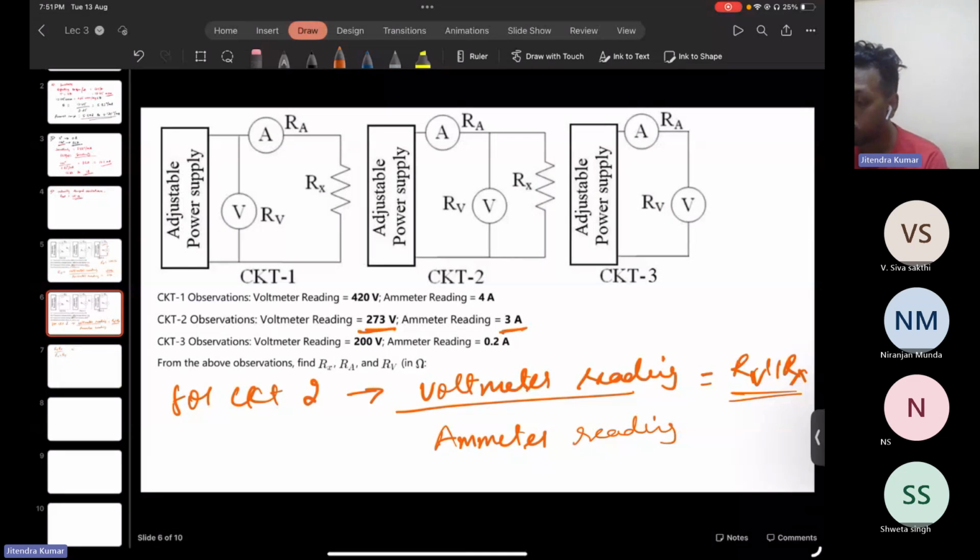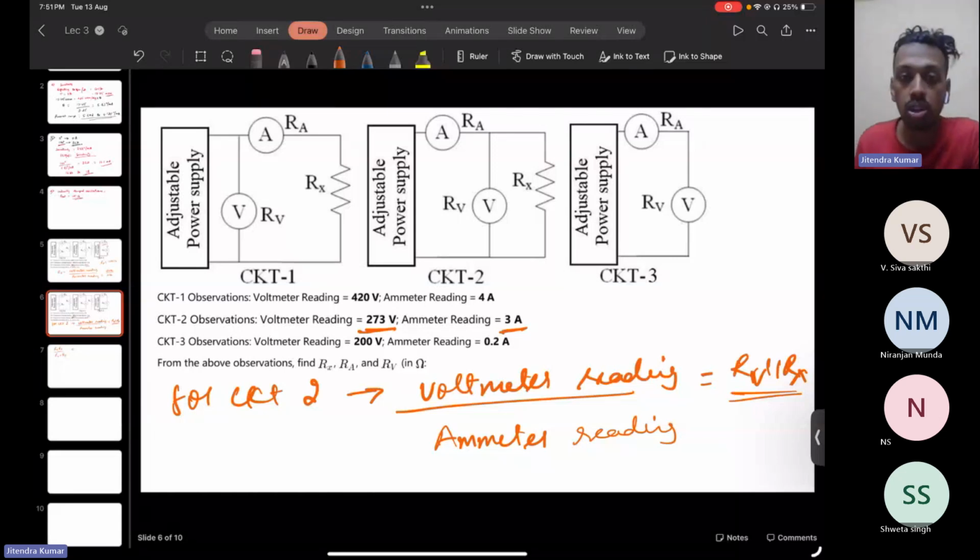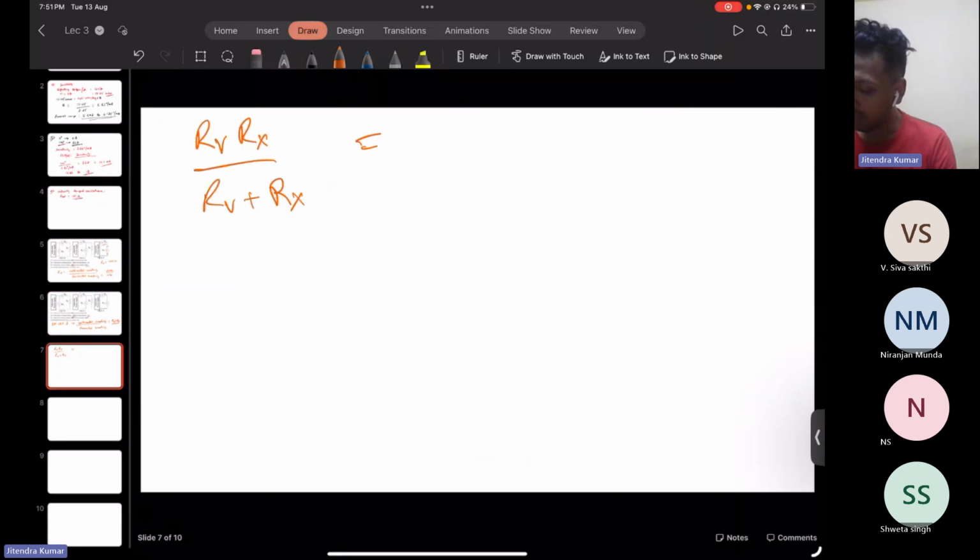So you can see how these voltmeter readings are changing as you shift the placement of the voltmeter and ammeter. So 273 by 3.